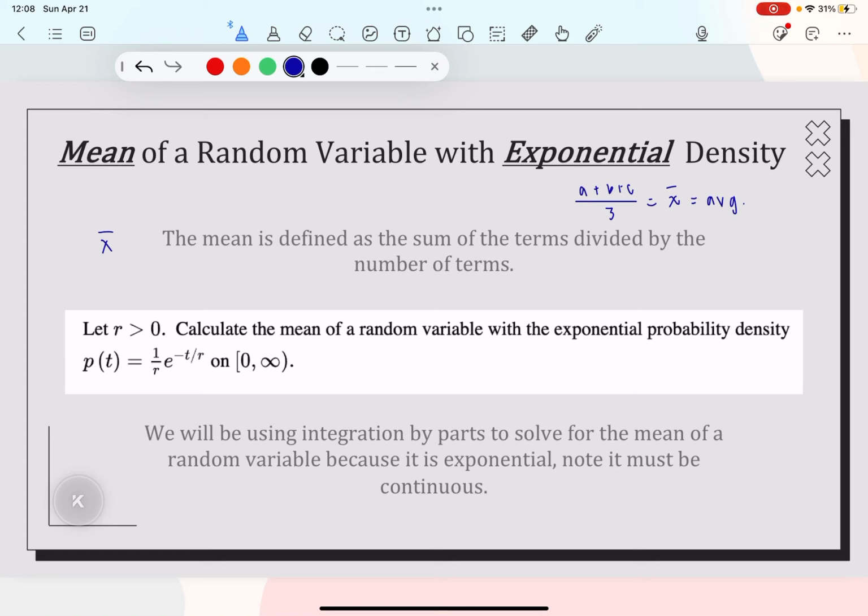So for this, we'll be using integration by parts to solve for the mean of the random variable because it's exponential, and then note that this has to be continuous in order for it to be applied.